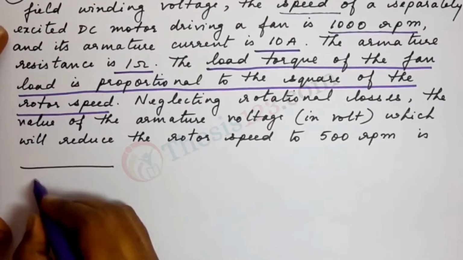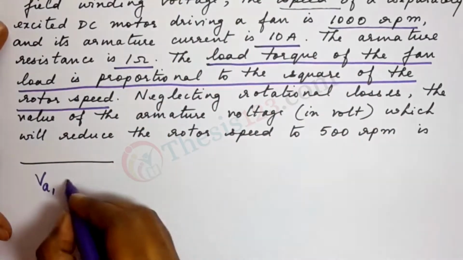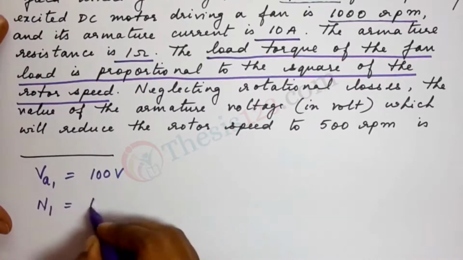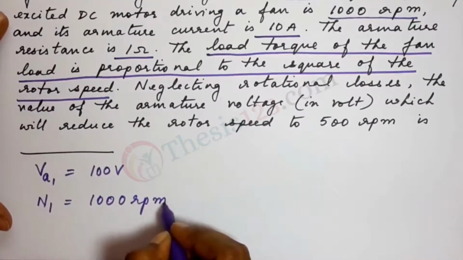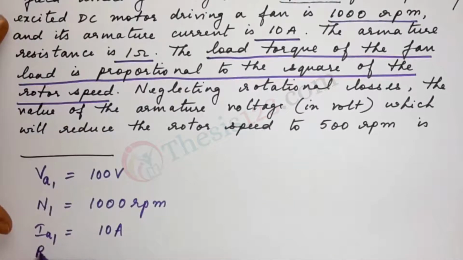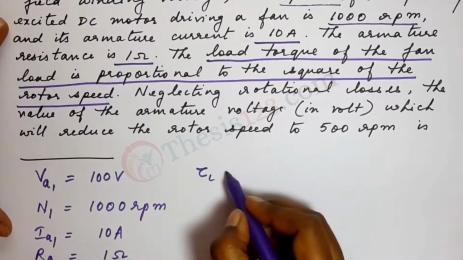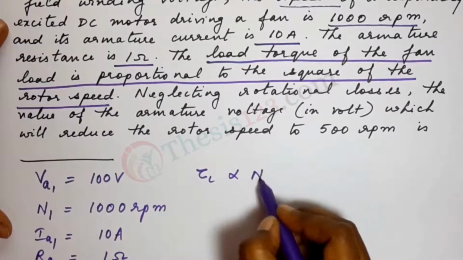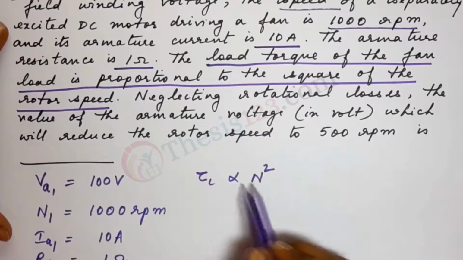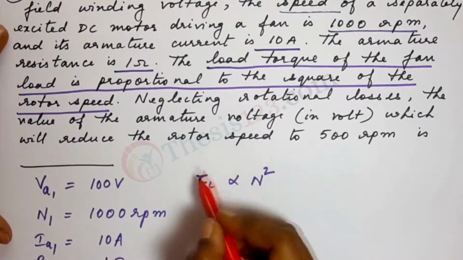So we begin with VA1, armature voltage 100 volts. N1 is 1000 rpm. IA1 is 10 amps. RA is 1 ohm. And the load torque is directly proportional to the square of this rotor speed. So tau L is proportional to N square. This is the relation we will have to keep in mind while solving the problem.